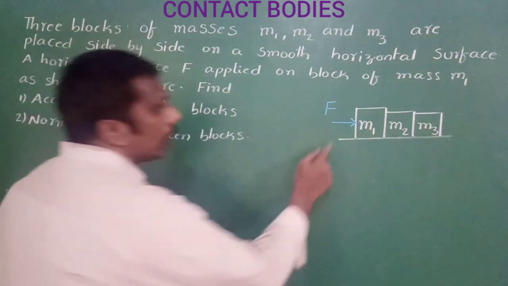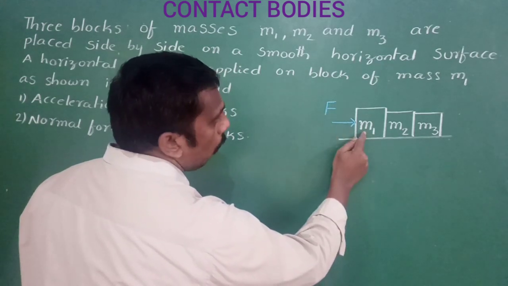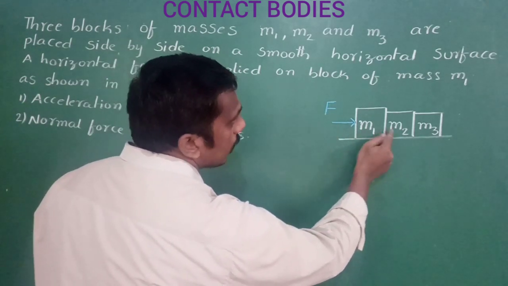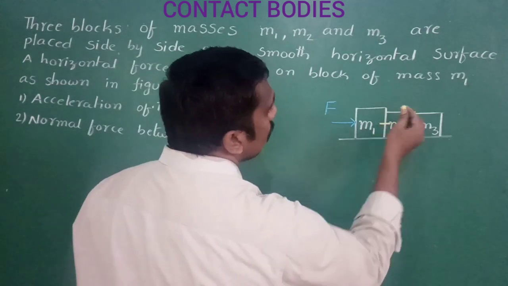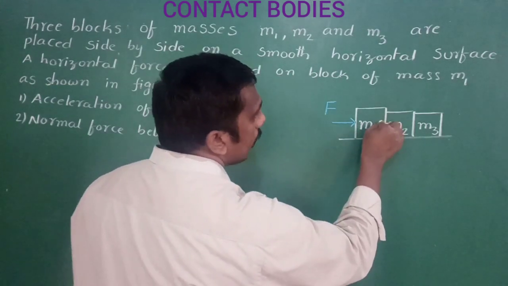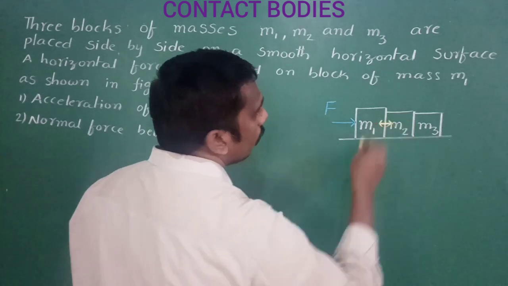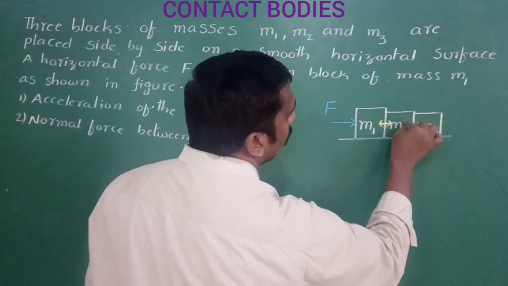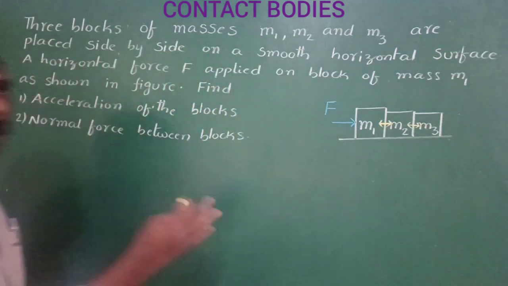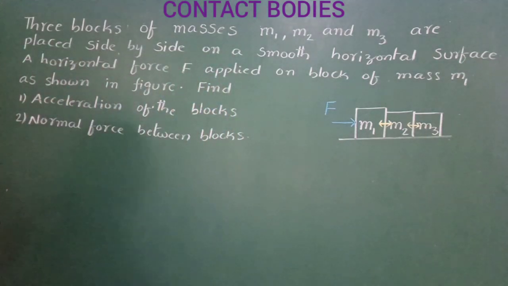Because of this horizontal force, this block starts moving. This block exerts some force on block 2, and block 2 exerts some force on block 3. So, three blocks are moving with a common acceleration.